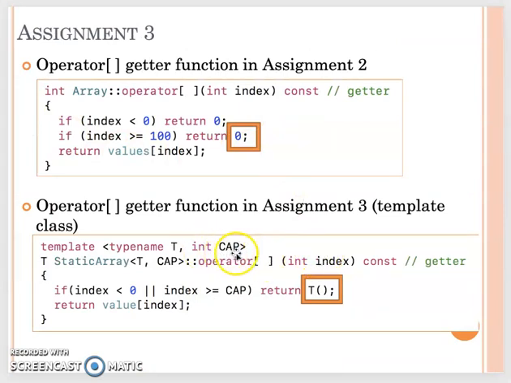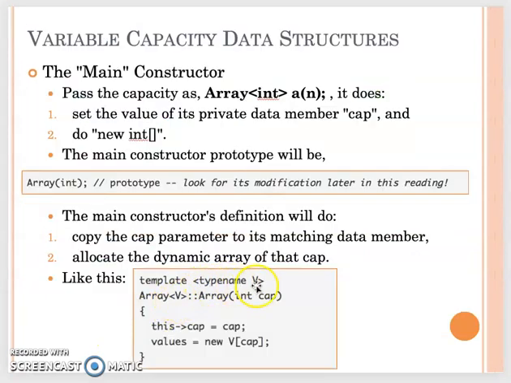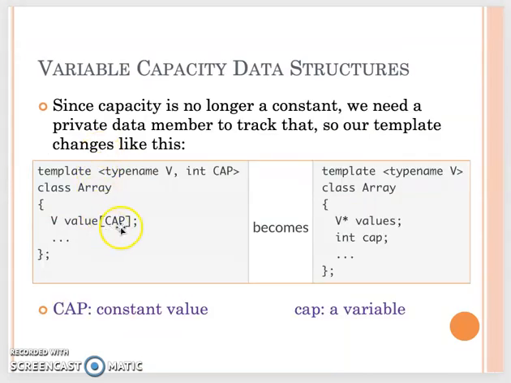This capital CAP in the angle bracket should be a constant number. But now there is no capacity in the angle bracket. Instead, it will be in the constructor. It's not the default constructor, it's a constructor function. So that changes a little bit.